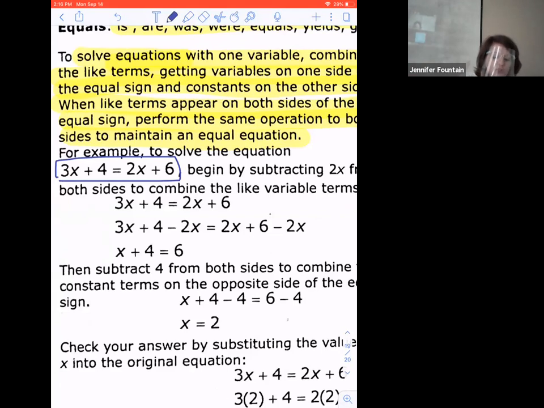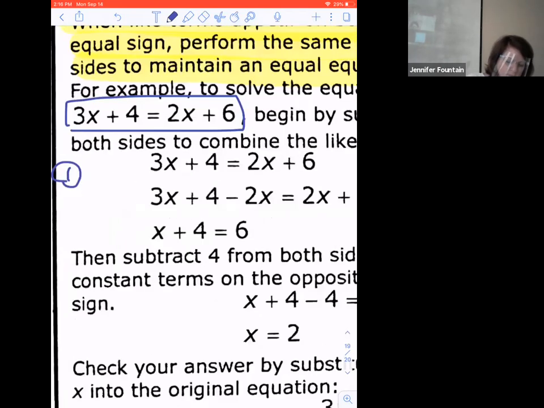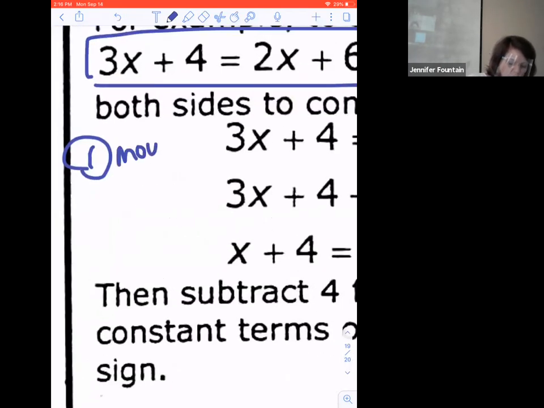So the first thing that we do is we want to move all of our variables. So I'm going to make a little note right here. Step 1, move variables to left side.